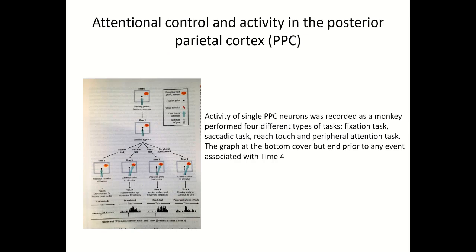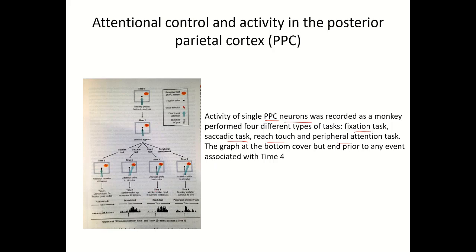This is a very similar experiment on the monkey. Posterior parietal cortex neurons were recorded, and the monkey performed different tasks: fixation task, saccade task, reach touch, and peripheral attention touch.